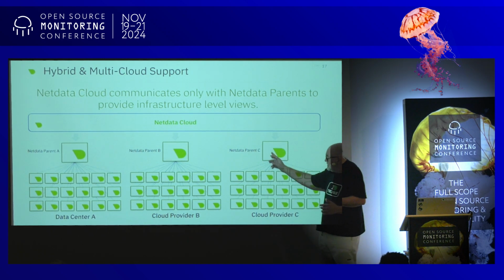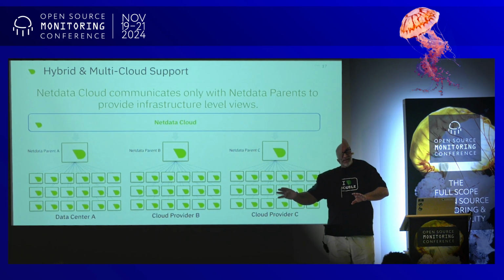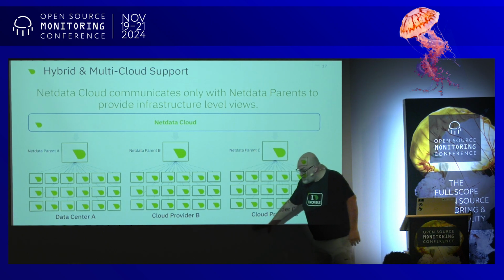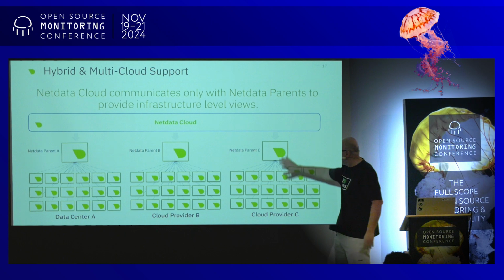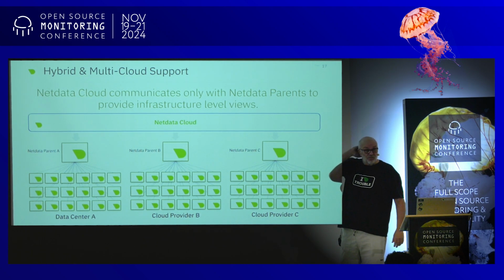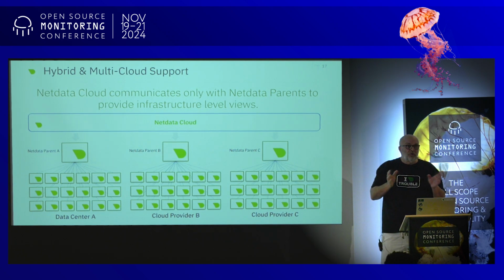You can do replication: keep the data at the child, keep it at the parent. A lot of people disable everything on the children. The production systems are just collectors, and they have a parent, or a parent cluster, next to them that actually does all the job. You get it? So it depends on your use case.